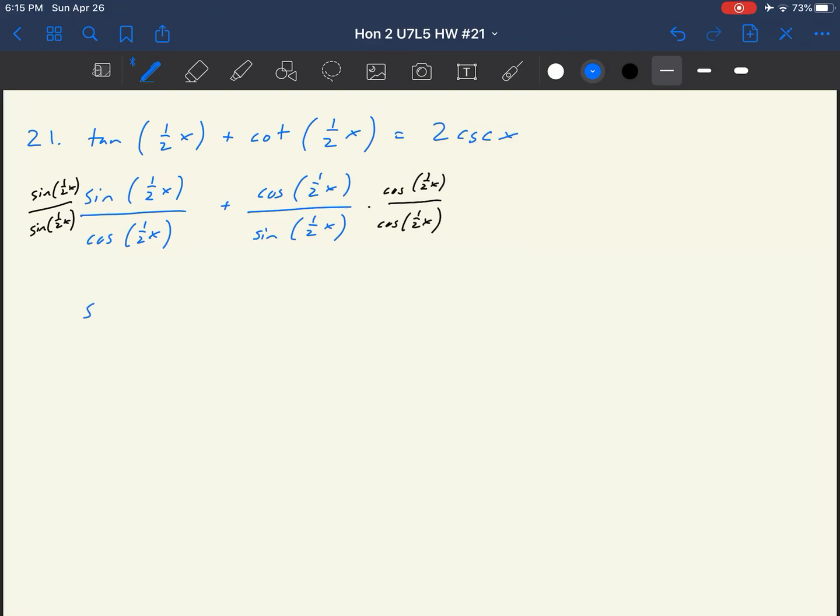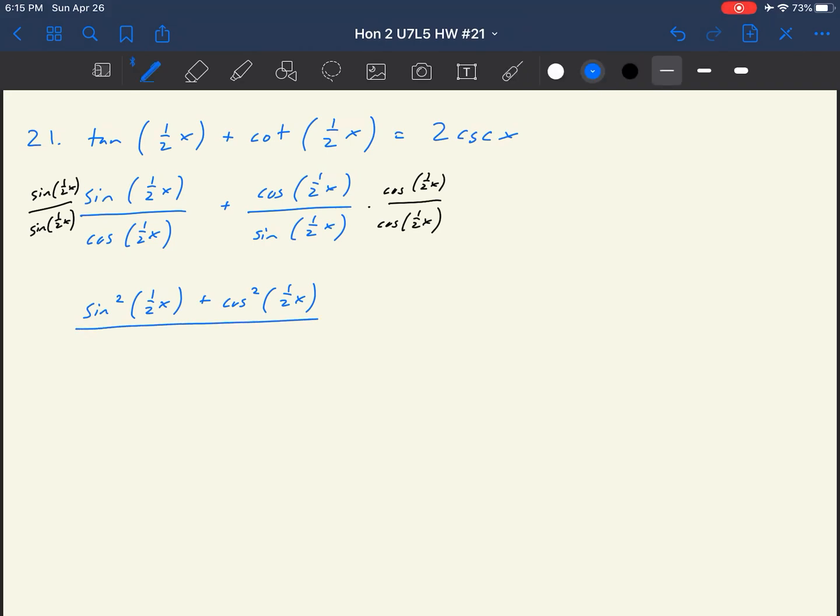If we do that, we're going to get sine squared half x plus cosine squared half x. Sine half x times sine half x is that. Cosine half x times cosine half x is that.